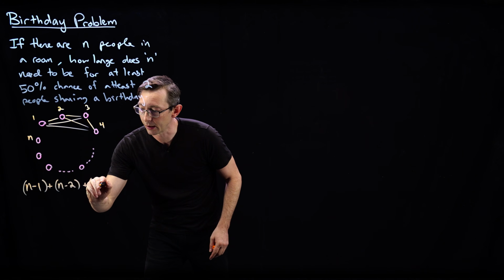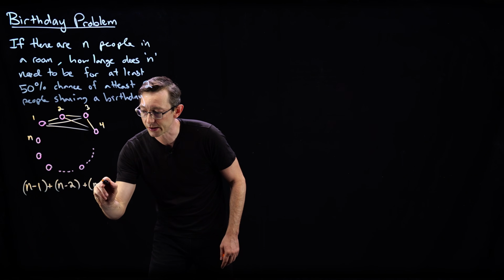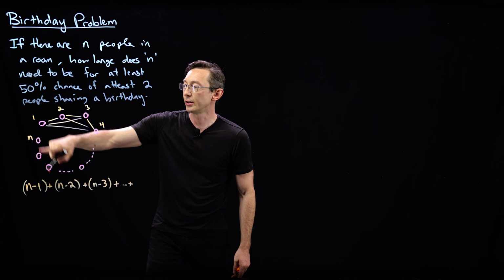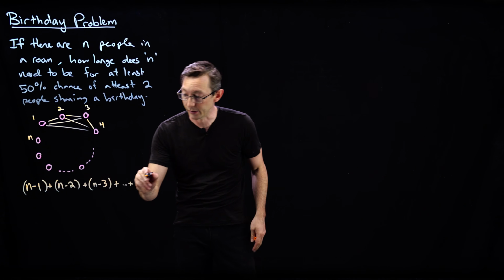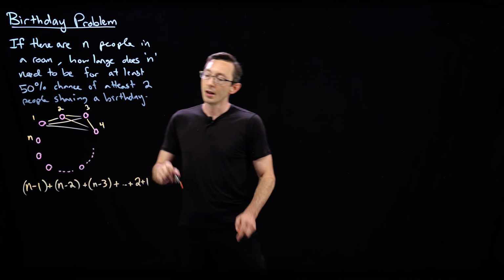Person 3 compares with n minus 3, and so on and so forth, until the last person has already compared with everybody, so they don't need to compare with anyone else. So all of these integers, plus 2, plus 1, plus 0.